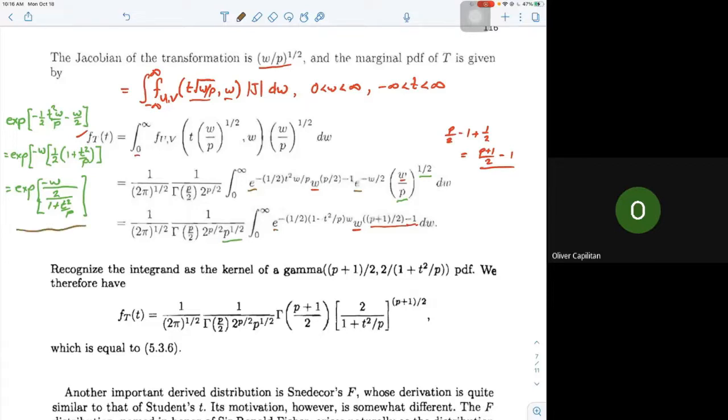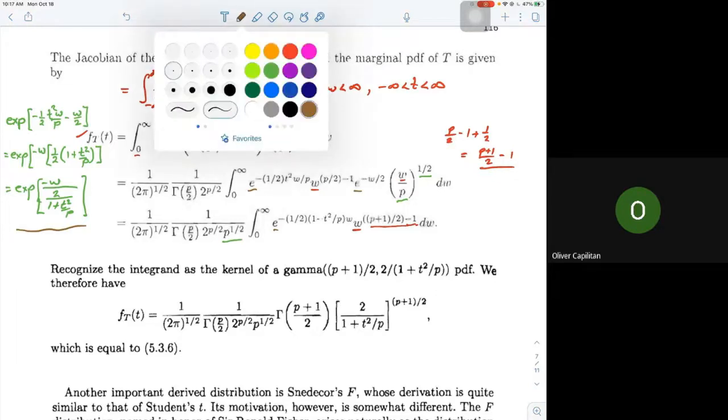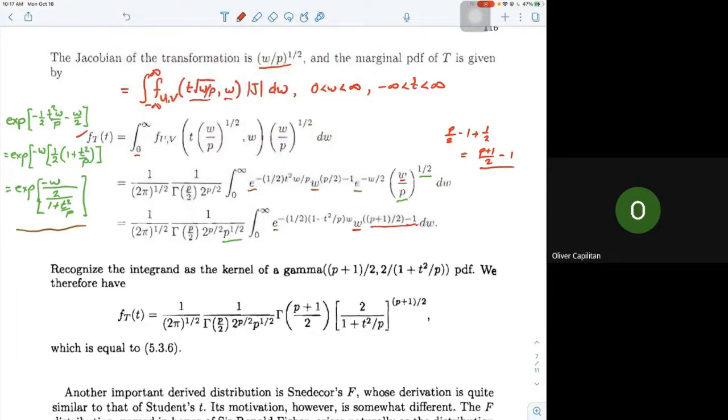Okay, so notice that the integrand of this integral is actually the kernel of a gamma with parameters P plus 1 over 2 and 2 over 1 plus T square over P. So we have 1 plus T square.